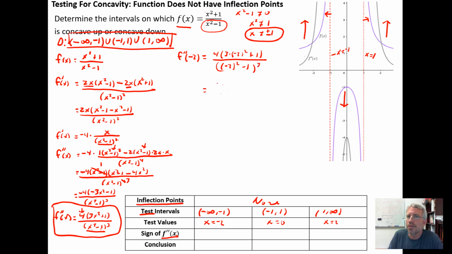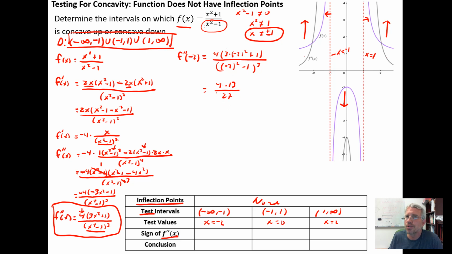If we simplify this, we get 4 times negative 2 squared is 4 times 3 is 12 plus 1 is 13 over negative 2 squared is 4 minus 1 is 3. So we get 3 cubed, which is just 27.